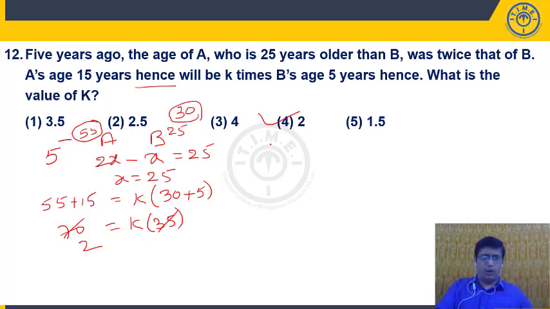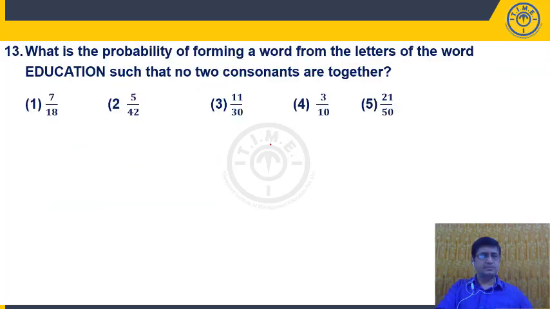Am I clear? Now look at the next example on your screen, question number 13. What is the probability of forming a word from the letters of the word education such that no two consonants are together? Education, what is the total number of letters? Here 9 letters. So 9 letters means 9 factorial.